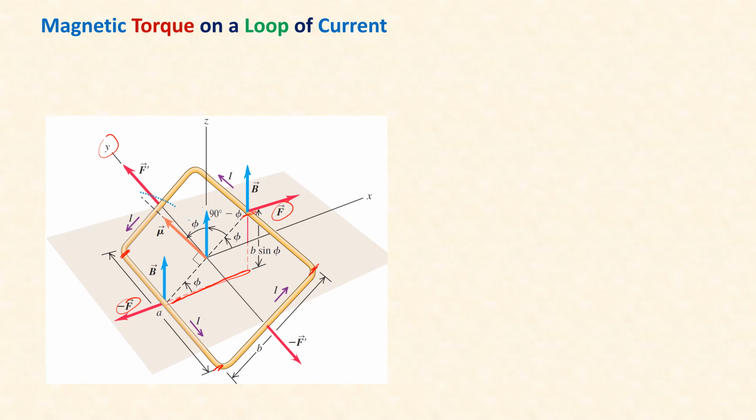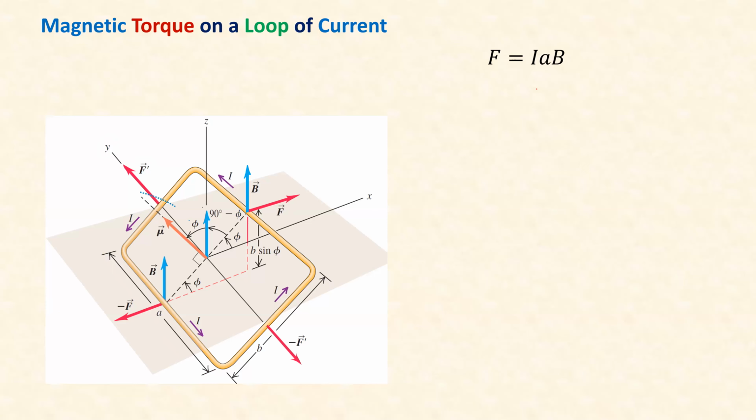And if you want to calculate how much the torque is, they apply a torque, you can calculate the torque. The F has a magnitude of I times A times B. I is the current, A is the length of this. You see this is A. A is the length in that direction, and B is the magnetic field.